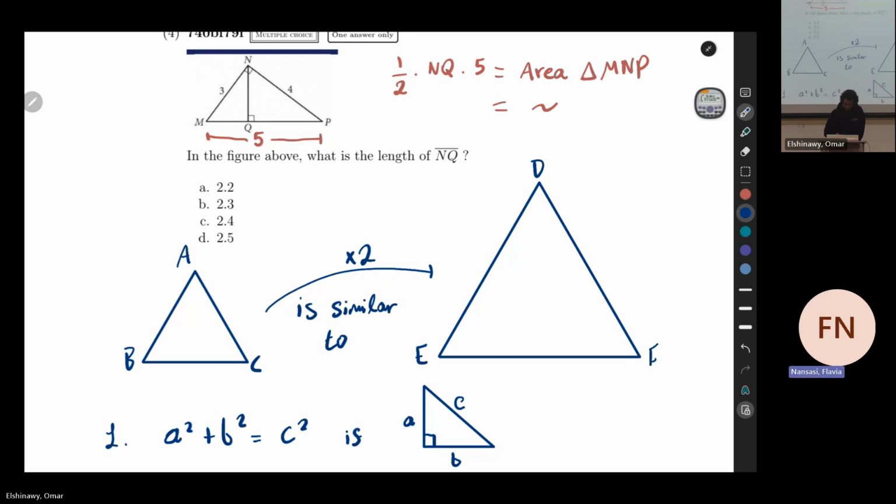Okay, we can find angle P using the sine rule. Sine P is equal to the opposite over the hypotenuse, and that's 3/5.